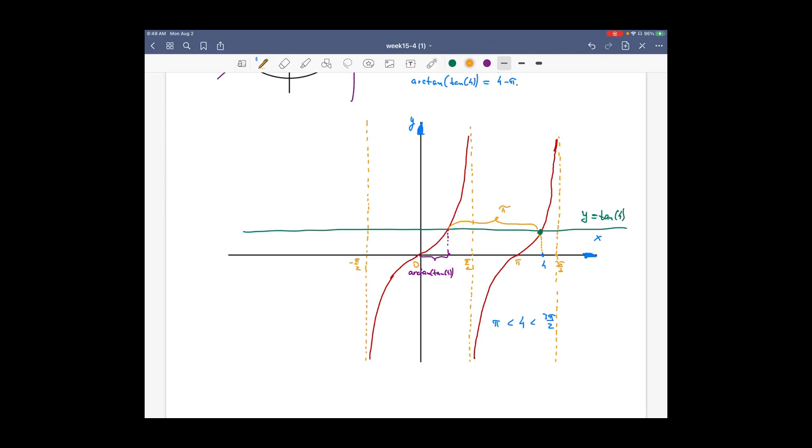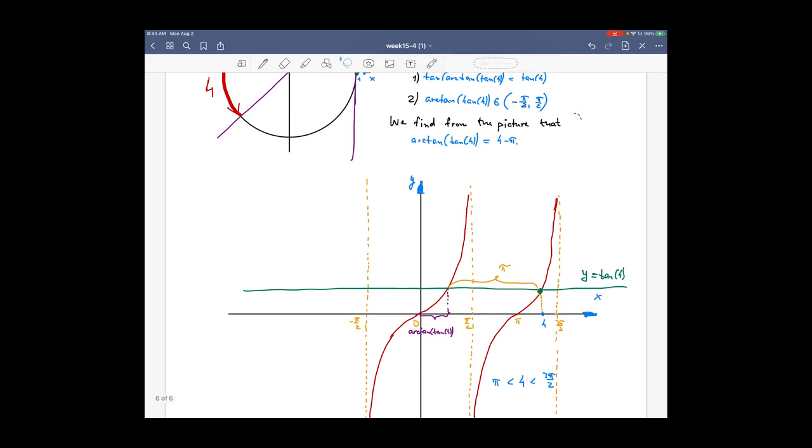And so from here we immediately see that arctangent of tangent 4 is this distance 4 minus this distance pi. Again, this distance is 4, this distance is pi. The desired distance is their difference. So we can copy paste that.